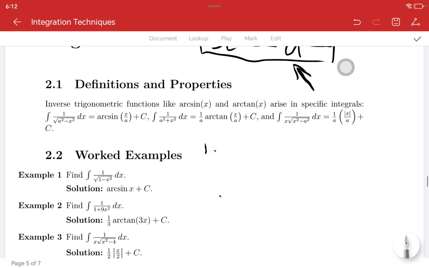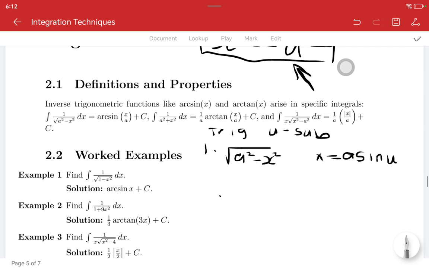We remember these ones from the trig u substitution, right? From the trig u sub, we had this one of a squared minus x squared, the ones I was writing up there. For this one, we set x to be equal to a sine u.